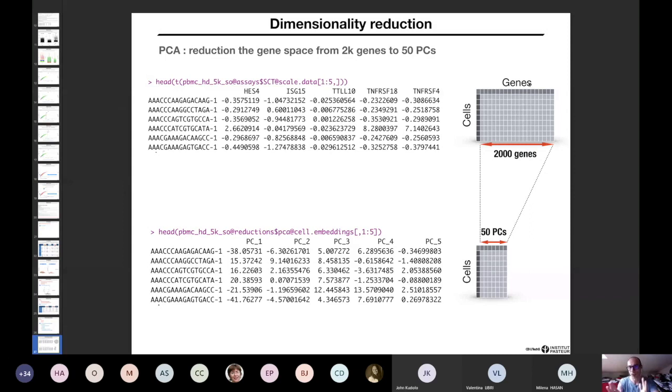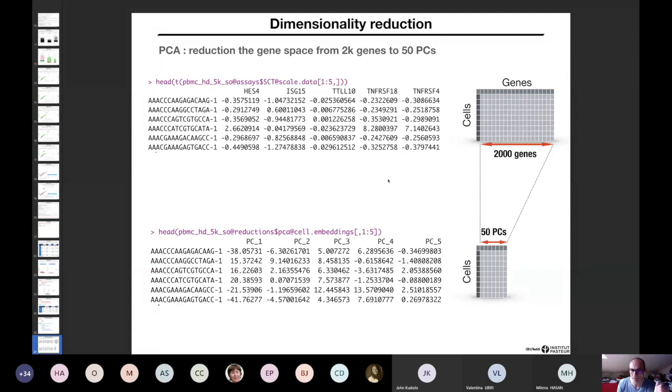Okay. So now, if we want to analyze that, if we have data with only 2 genes, we can do a simple scatter plot, and we can see what difference it can make for the different cells. But we have 15,000 genes. So we already see a step in the dimensionality reduction, which is the feature selection. We go from 15,000 genes to 2,000 genes, but it's still a lot to analyze.